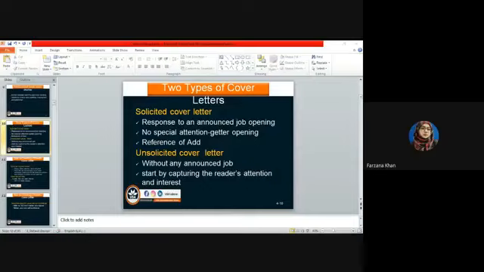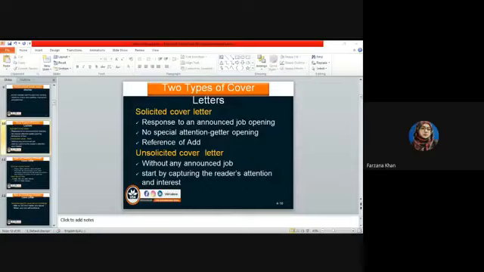But the main difference is in the opening paragraph. The middle paragraph, the closing, and the start of your letter would be the same. In a solicited letter, you need no special attention getter, because you have been invited to apply.